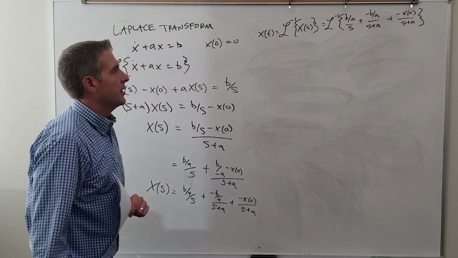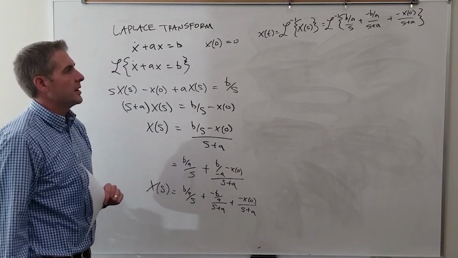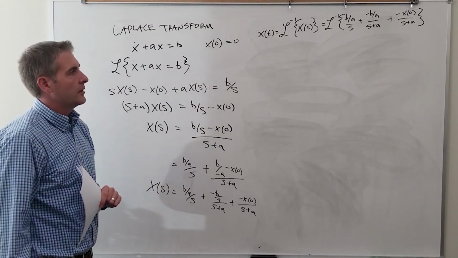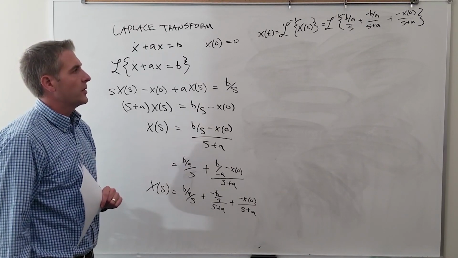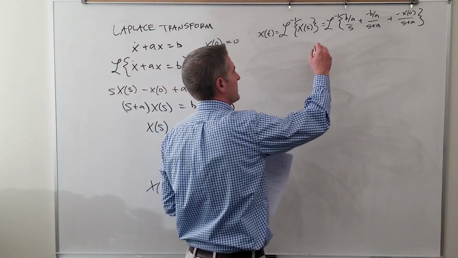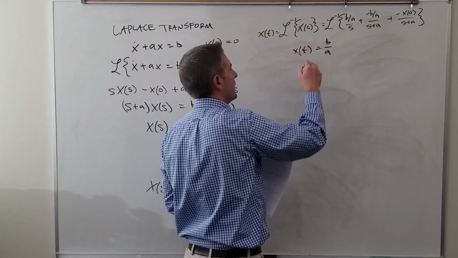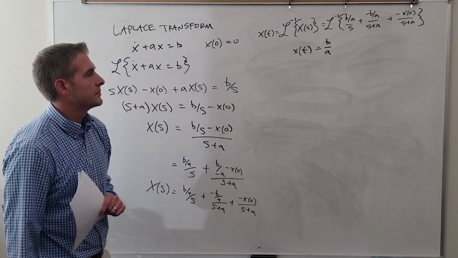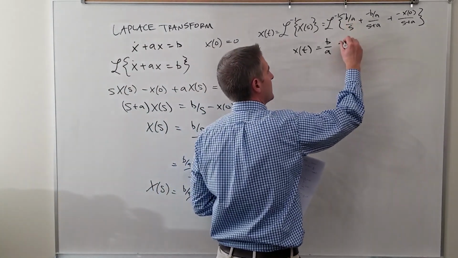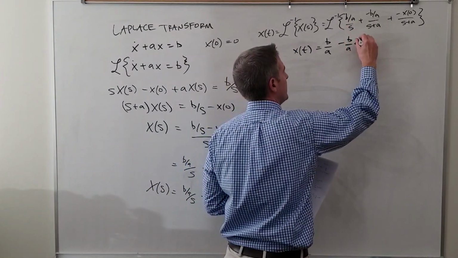All right, we've now put these terms in a position where we can look up the inverse Laplace transform. And if you recall from class on Wednesday, we know this is going to be B over A, a constant term. This value right here is going to be B over A times e to the minus at.